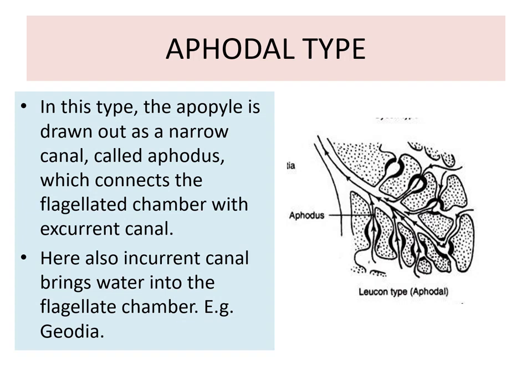So the water passage will be from the dermal ostia to the incurrent canal to the prosopyle. Here the aperture is there, to the flagellated chamber. Then we have got a canal. The apopyle becomes elongated to form the aphodus. From the aphodus, the water enters the excurrent canal and goes out through the osculum.